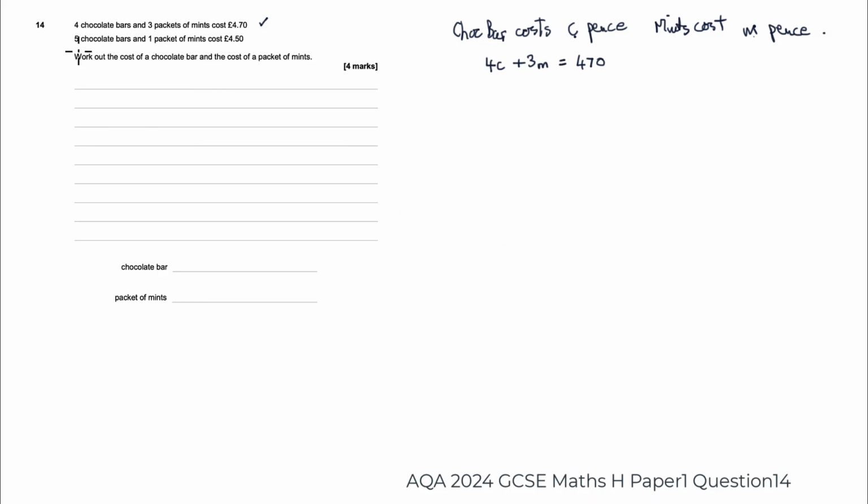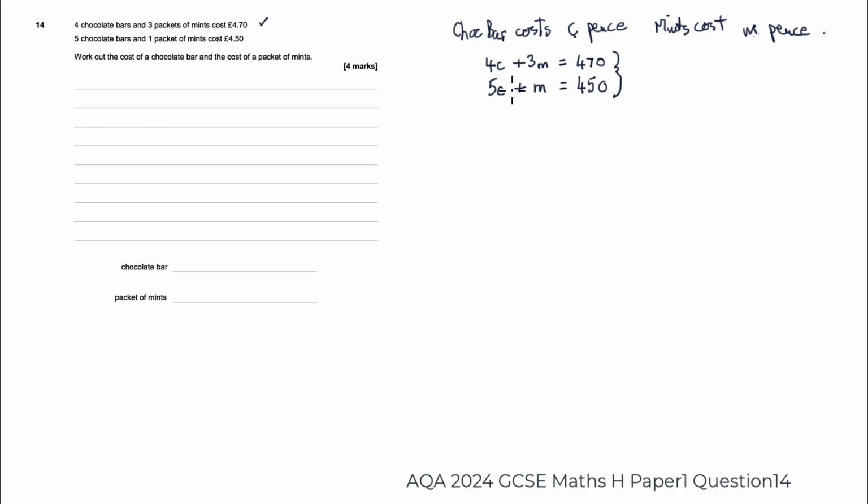Second piece of information, 5 chocolate bars. Well, what do 5 chocolate bars cost? They cost 5 times C. And 1 packet of mints, that's just M pence. And we're told it comes to £4.50. So that's 450. So there we have 2 equations, 2 unknowns, C and M, simultaneous equations.